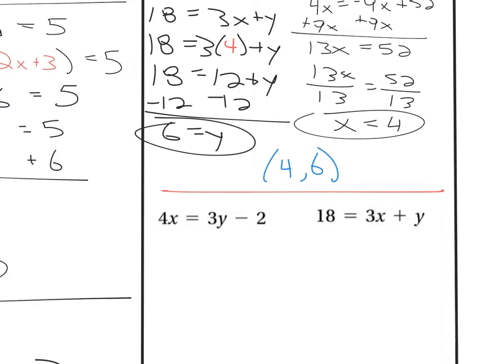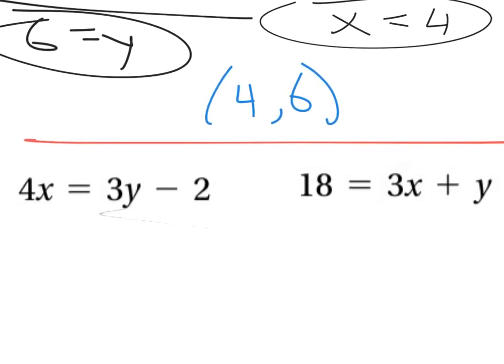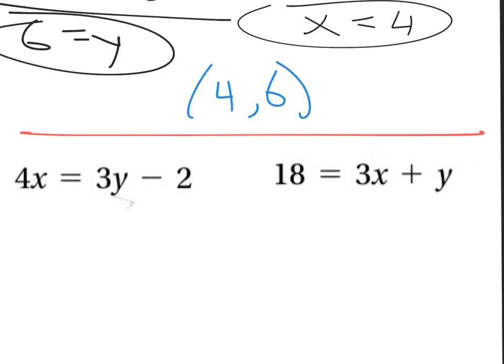Okay, so now I've got these equations, and I can then zoom in here and say 4 parentheses equals 3 parentheses minus 2. And of course, what goes in the parentheses?